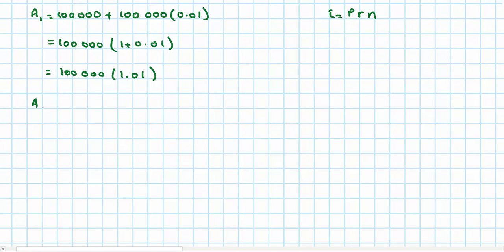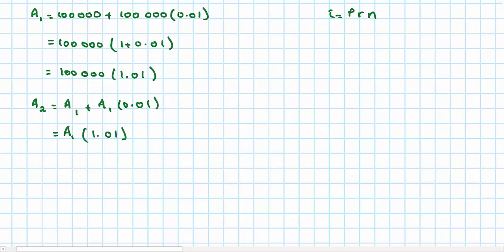At the end of second month, Frank's going to have what he had at the beginning of second month, that would be A1, plus the interest that this A1 has earned. So that would be A1 times 0.01. Again, I can take a factor of A1 out. That would be 1.01.